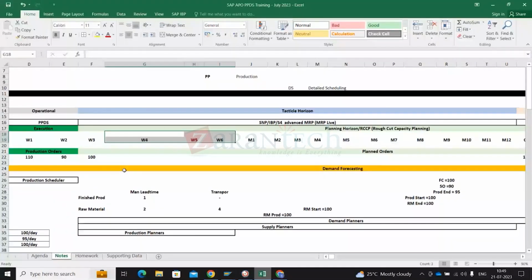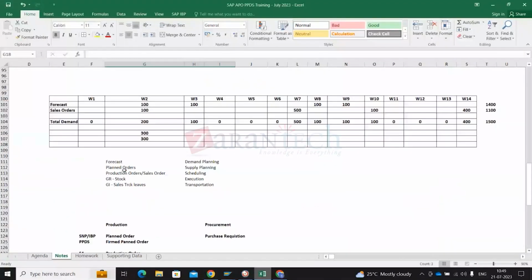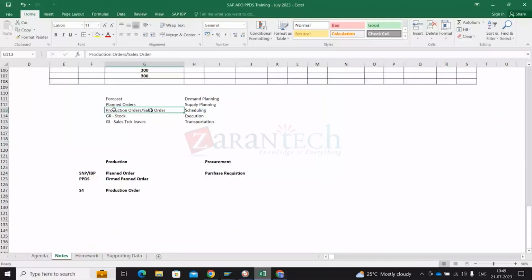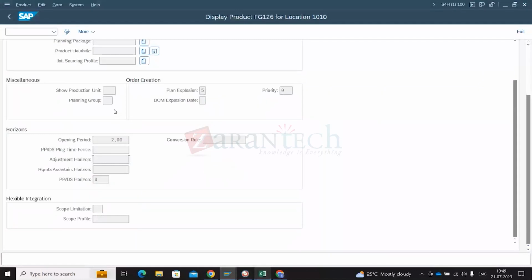But while the order gets converted to a production order, it should only get converted if it has a sales order against it. This again comes back to the topic that customers are very apprehensive about forecast accuracy. So in the initial days, they don't want to convert or produce anything against the forecast.